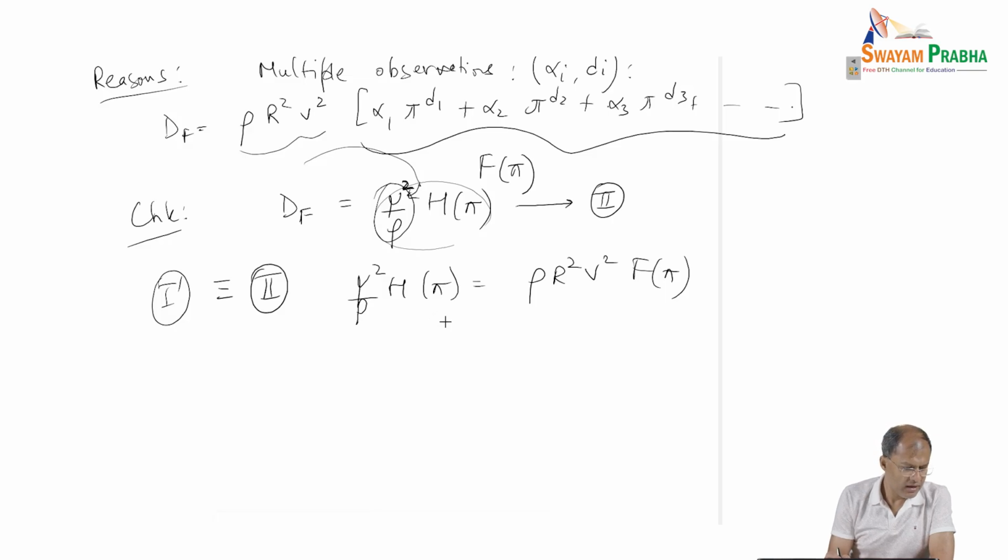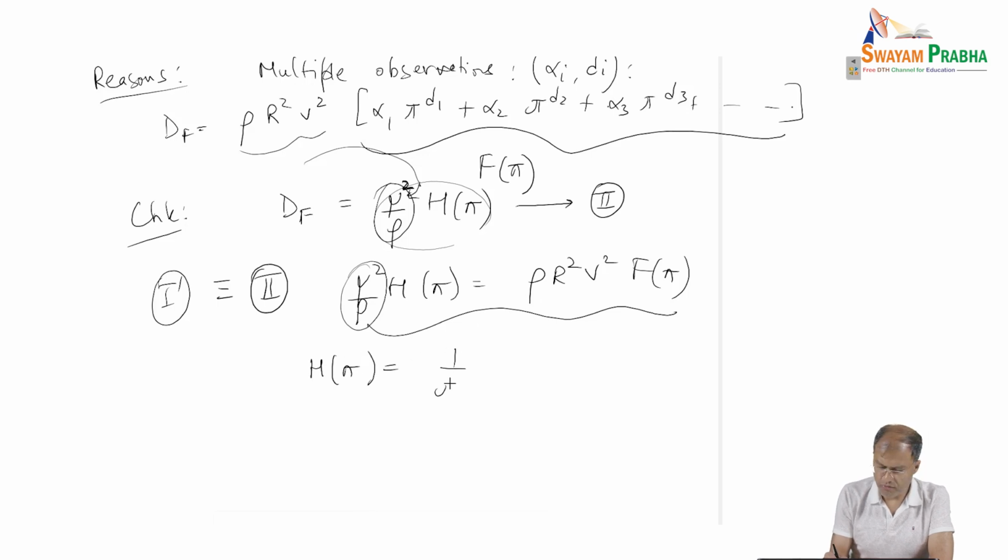Now from here we can rescale, we can divide this mu square by rho on both sides, and come to the conclusion that h of pi is 1 over pi square f of pi. So we have represented one non-dimensional function in the form of another non-dimensional function, and we see that both the LHS and the RHS of this equation are non-dimensional.